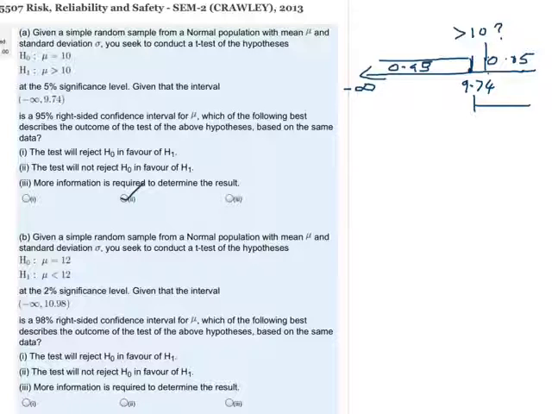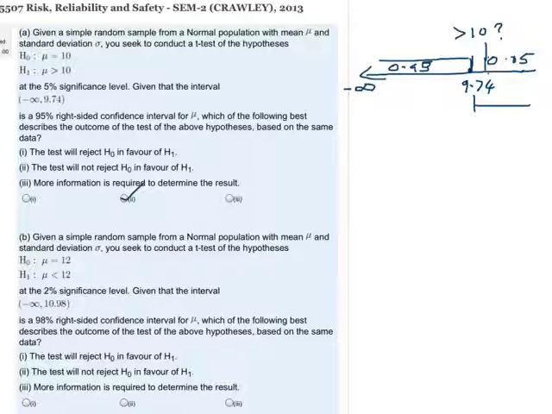Okay, let's have a look at the next one. Given a random sample from a normal population with mean mu and standard deviation, the same thing again, at the 2% significance level, given that the interval minus infinity to 10.98 is a 98% right-sided confidence interval, can we prove that mu is less than 12?